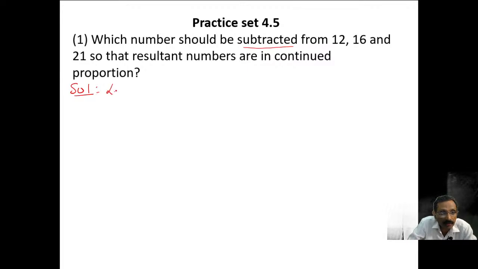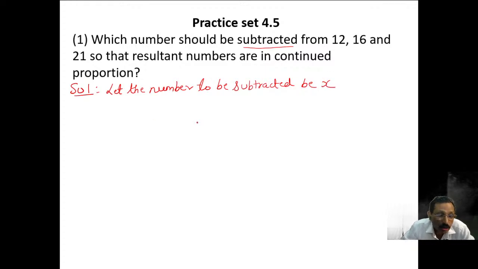Let the number to be subtracted be x. So we assume that the number to be subtracted be x. Now what we have with us? 12, 16 and 21.